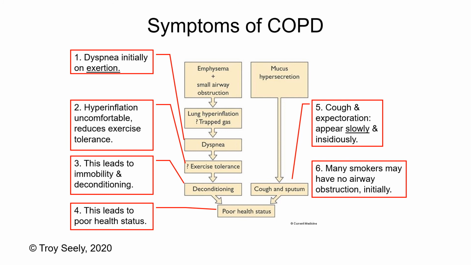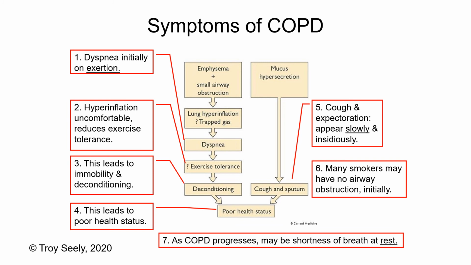Many smokers may have no airway obstruction initially, and they'll smoke for years without compromise. But down the road, as it's used more and more, then the obstruction starts to become more of an issue, and they feel they have to cough more and clear their throats more and clear their lungs more.